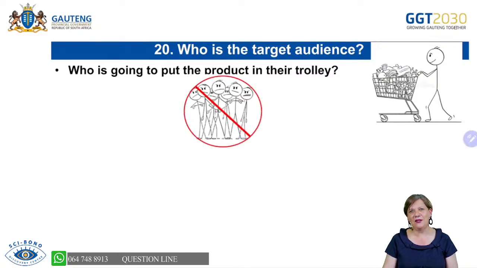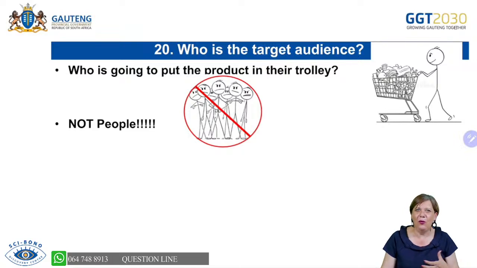Do you remember that question about the target audience? Let's quickly go back to that. So target audience is who is going to buy this. Who's going to put this product in their trolley? That's what you need to think about. But you can't say people. And you see my people, they are not happy. You can't say people. Because not everybody loves M&M's or everybody likes Kit Kat ice creams.